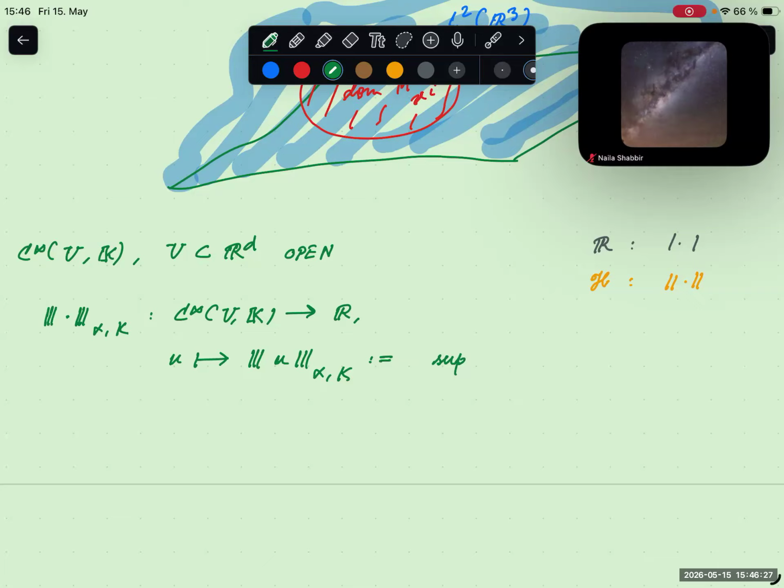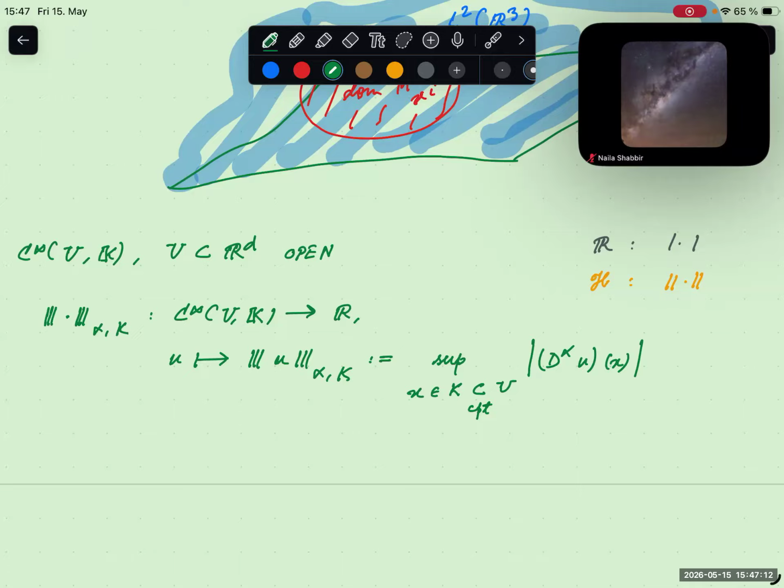You have seen this thing before, over x in K, where K is a compact subset of U, and we have used this multi-index notation before, right? D alpha u, and now this is a function of x. You take its absolute value. So that's the thing.